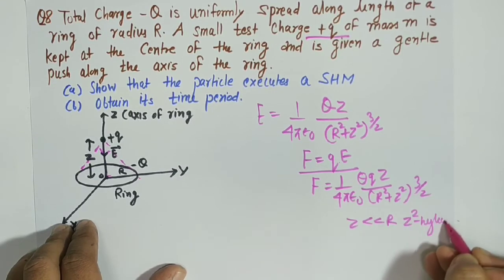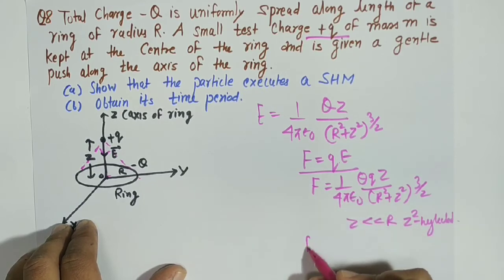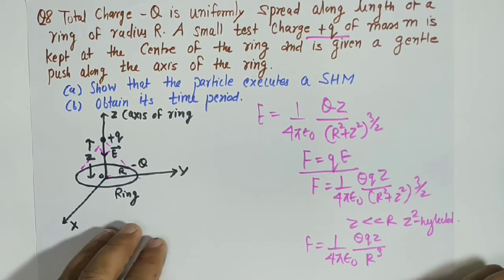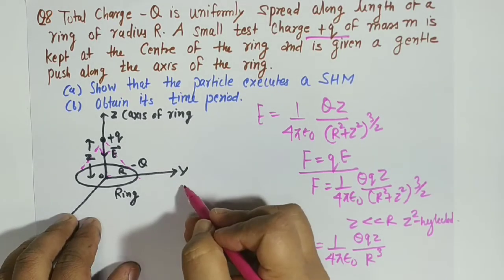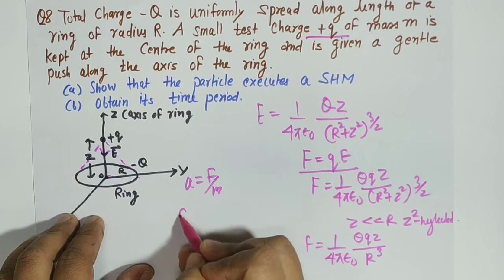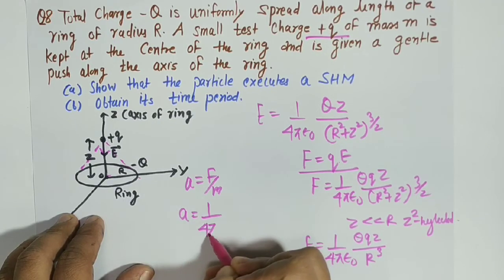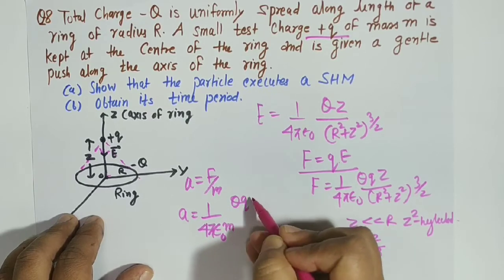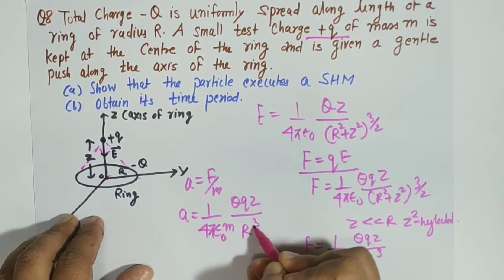It is the gentle push we have given. So 1 upon 4 pi epsilon naught qz upon r cube. Now this is the concept. And all of you know acceleration is force by mass. So acceleration will be 1 upon 4 pi epsilon naught m, qz by r cube. This will be the acceleration.